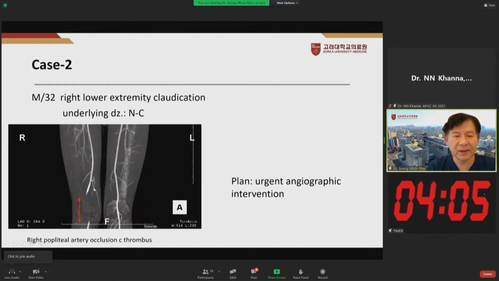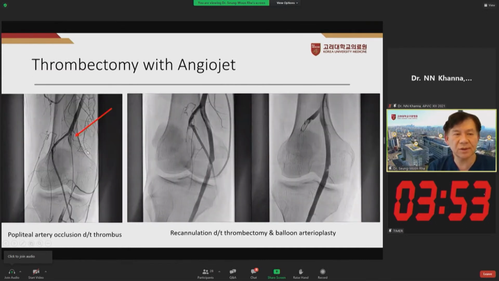Case 2 is a patient with sudden onset of occlusion and claudication, a 32-year-old male, a very young patient. Due to the urgent pain, some collateral was developed to the distal circulation, and hazy thrombotic material was found on both CT and angiography.